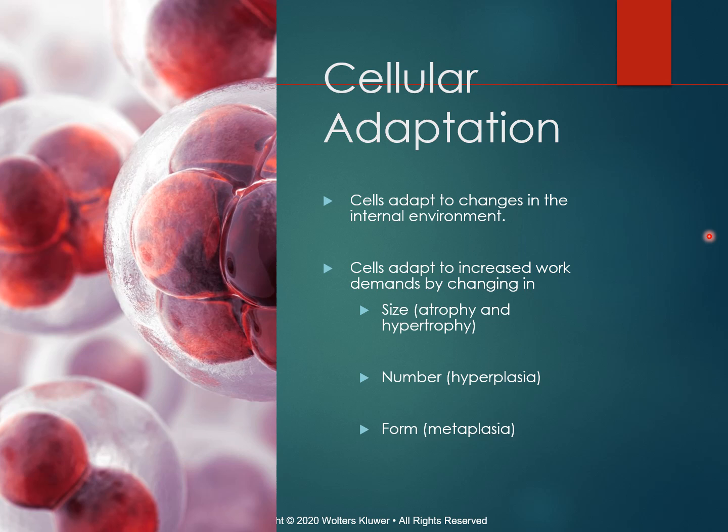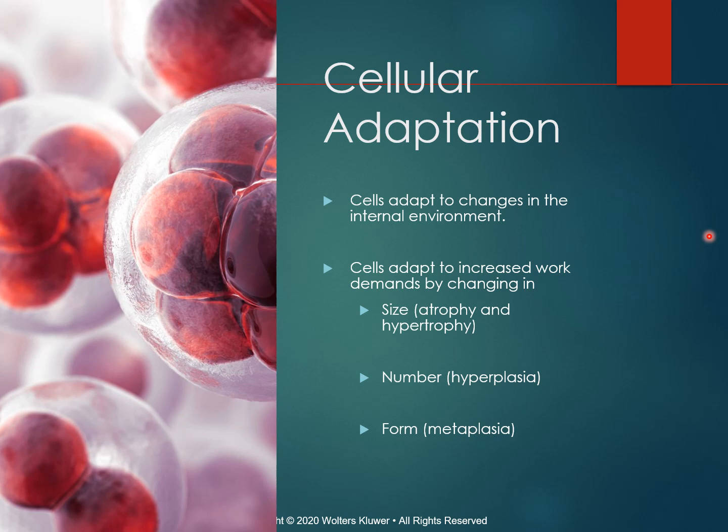So cells are adapting to these changes within their internal environment. When confronted with stressors that endanger the normal structure or function of the cell, it undergoes adaptive changes that help it survive and maintain its function, or maintain what we call homeostasis, or balance, within the cell.